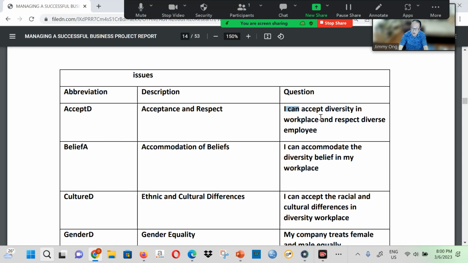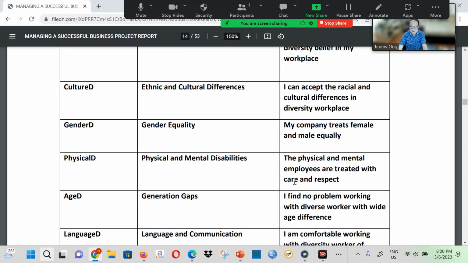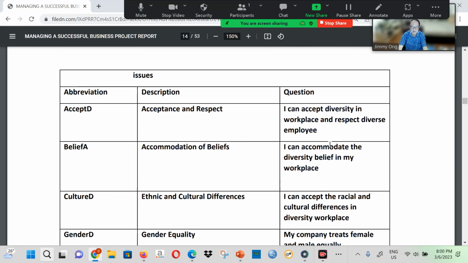If your question is wrong, this one is all wrong. That's why sometimes you cannot believe your so-called question and the answer collected, because your question may not be easily understood. This one is quite simple, right? You see, very clear cut. This one is on a rank of 1 to 5.